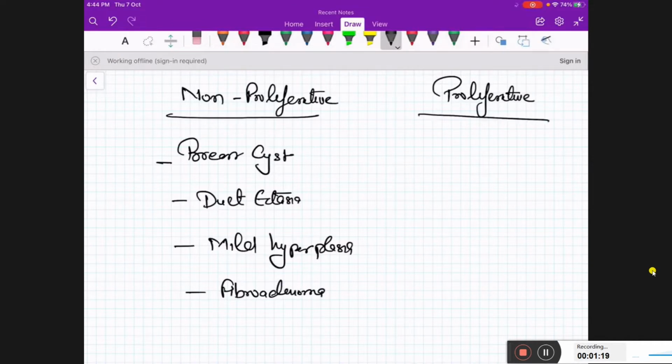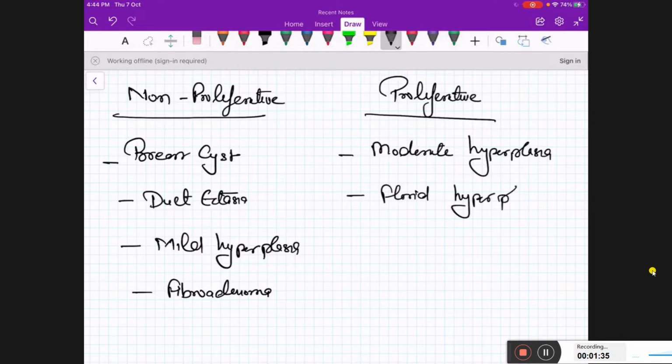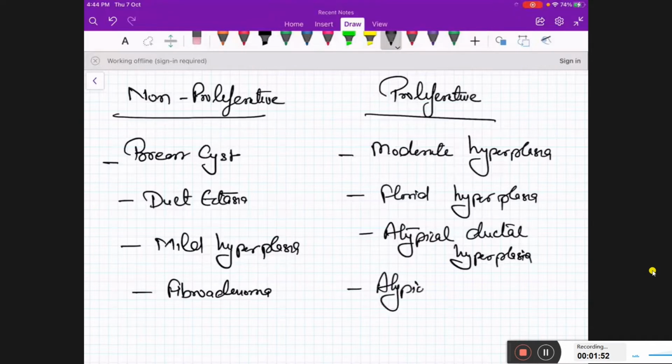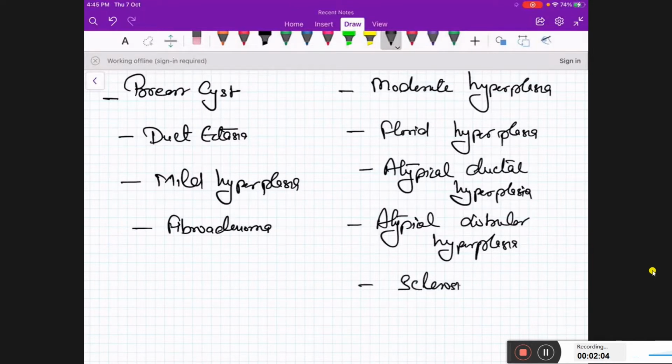Proliferative breast disorders include moderate hyperplasia, florid hyperplasia, atypical ductal hyperplasia, atypical lobular hyperplasia, sclerosing adenosis, intraductal papilloma.